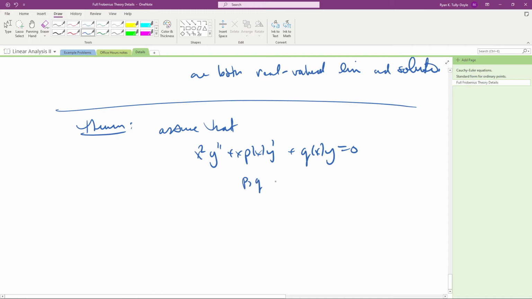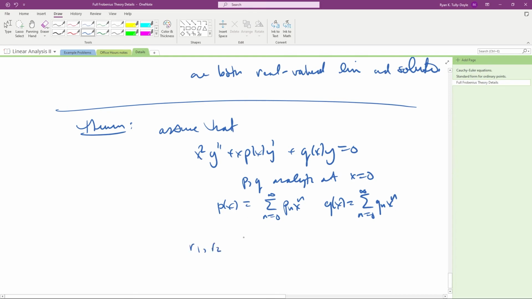P and q are analytic at x equals 0, and assume that p of x is equal to the sum from n equals 0 to infinity of pn x to the n, and that q of x is equal to the sum from n equals 0 to infinity of qn x to the n. And let r1 and r2 be the roots of the indicial equation, r times r minus 1 plus p naught r plus q naught is equal to 0.